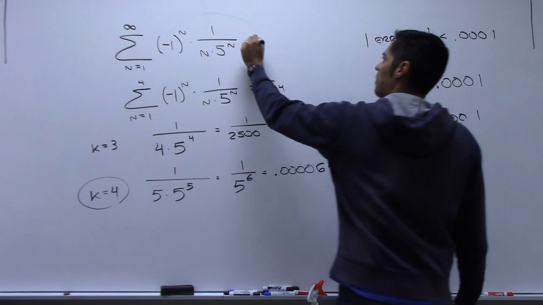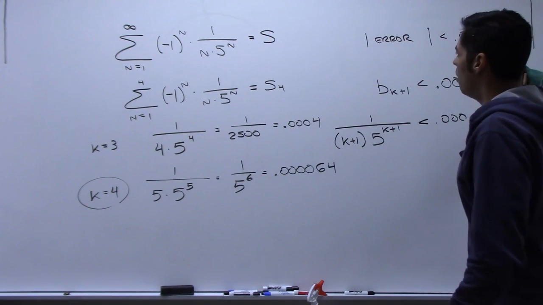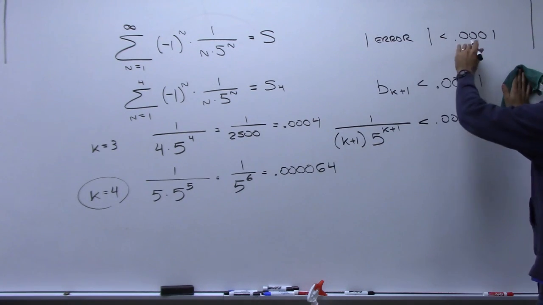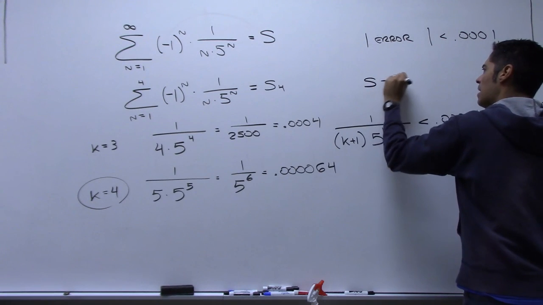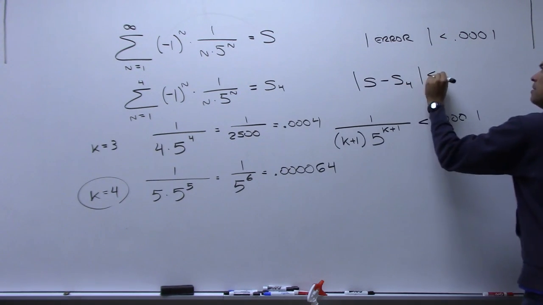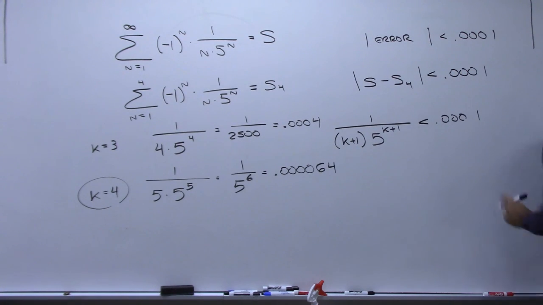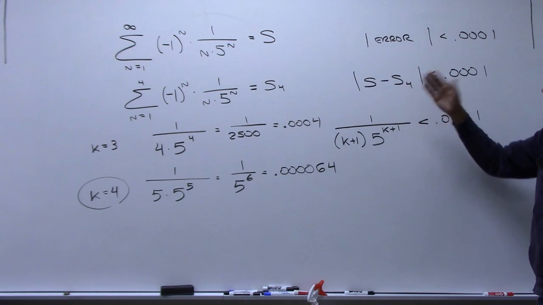And if this up here, since it converges, if I call that capital S, then what we're saying is the error is less than this. So the true sum minus our approximation is guaranteed to be less than this number. And so if someone wants me to get this close to the true answer, I can do it.